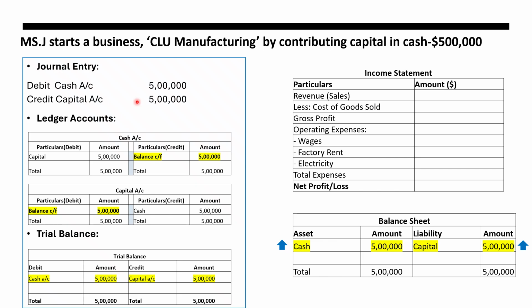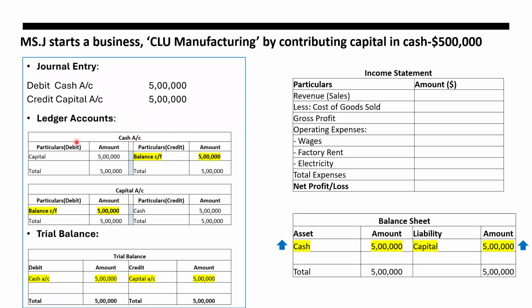So if we want to know the balance in each of these accounts at any point in time, we need to have a record of all the transactions pertaining to each of these accounts in one place. So we create what is called ledger accounts. We post the journal entries into the ledger. So here cash account has a ledger account, capital account has a ledger account.